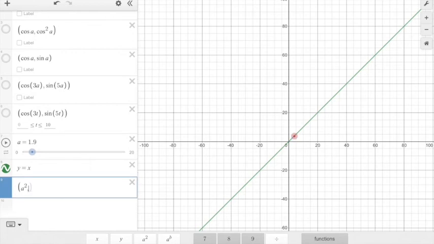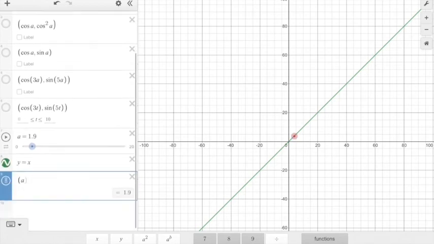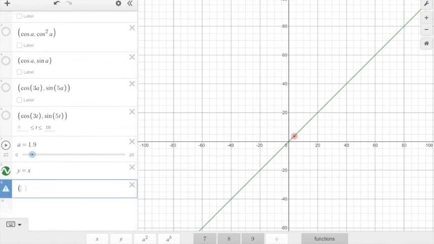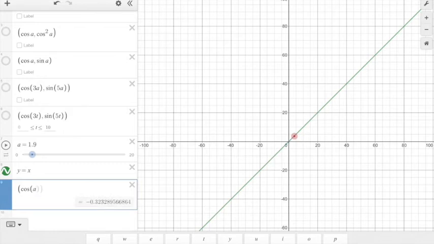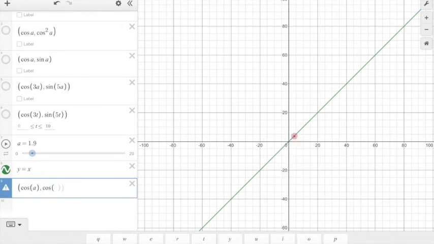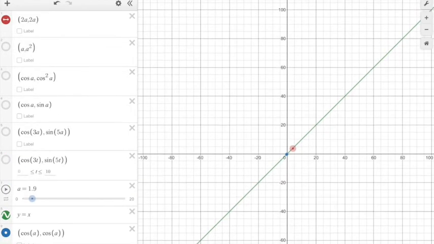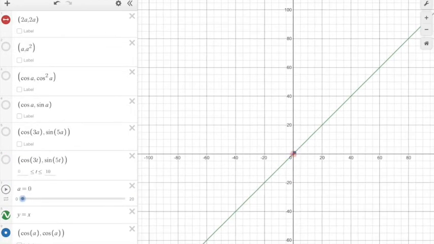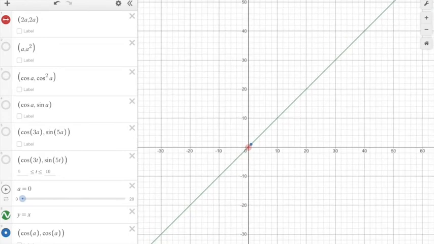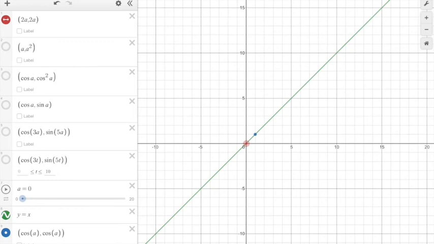Now, we can go back and think about what we have. That is when I say, what if I have cosine? I didn't write it down, so let's just do this. What if I have cosine a and cosine a? Okay, let's take a look.